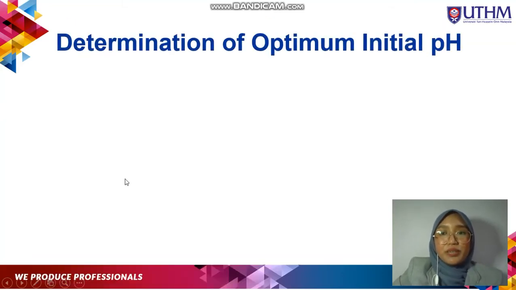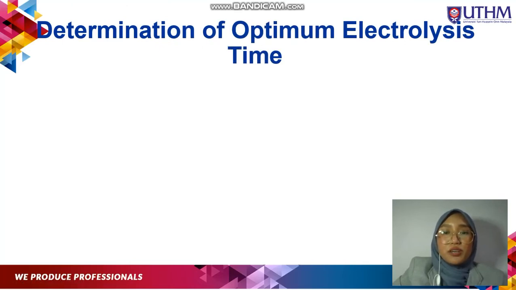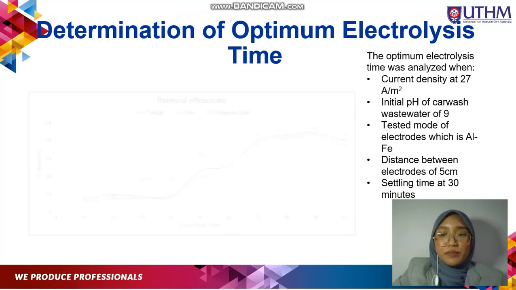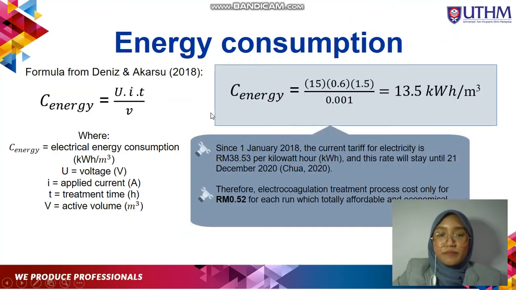Next, for the optimal initial pH, I found that pH 9 is the best for removing turbidity, color, and suspended solid for aluminium and iron. And for the optimum electrolysis time, I found that 90 minutes of electrolysis time is the best for removing higher turbidity, color, and suspended solids.